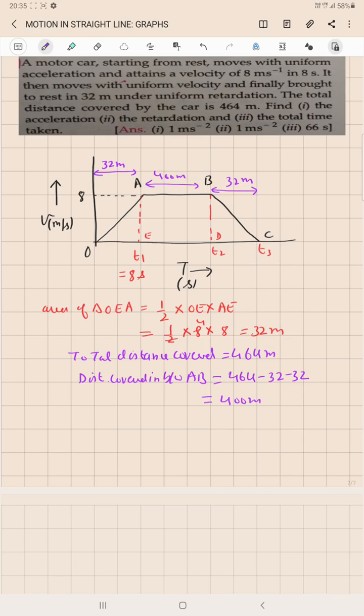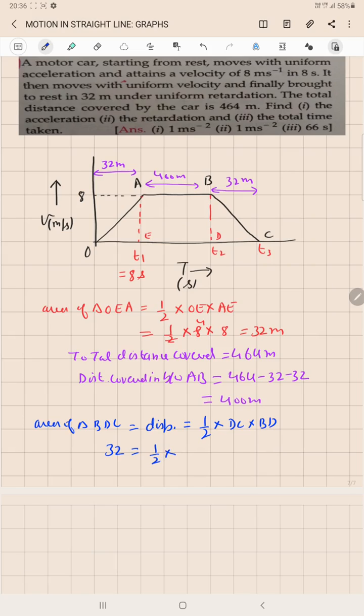Time O to A is 8 seconds. Let us find the time from t2 to t3. We know that area is directly given to us. Velocity is also available to us. So if we find the area of triangle BDC, area gives us the displacement, which is equal to half into DC into BD. Displacement covered in this section is 32 meter.